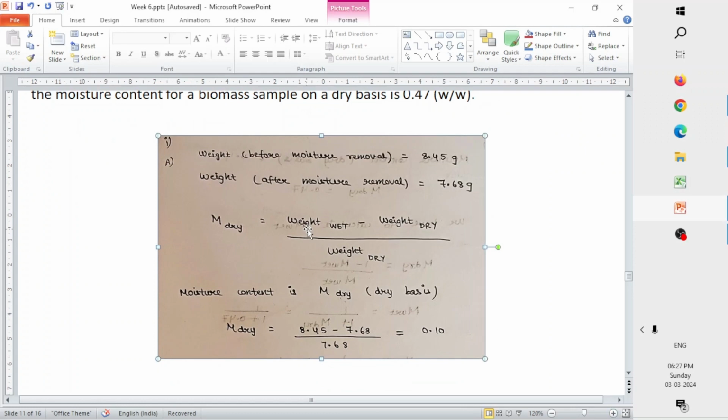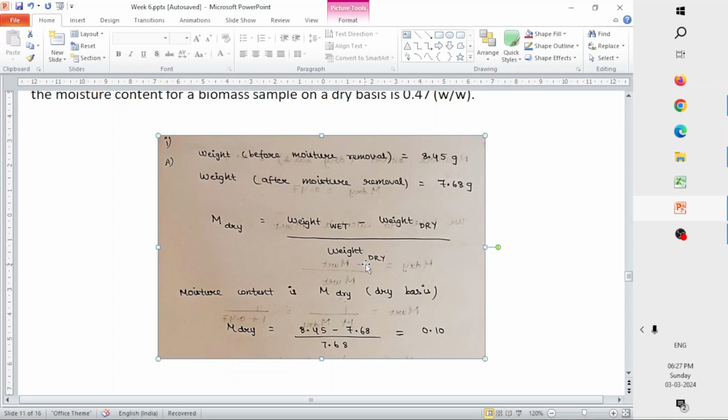Your moisture content on dry basis, M dry, is given by this formula: weight of your biomass sample when it is wet minus weight of your biomass sample when it is dry, divided by the weight of biomass when it is dry. In a dry basis, the denominator is the weight of the dry biomass sample.